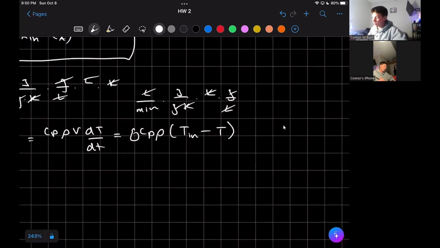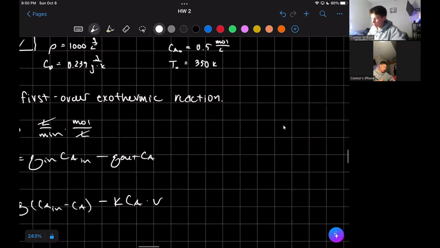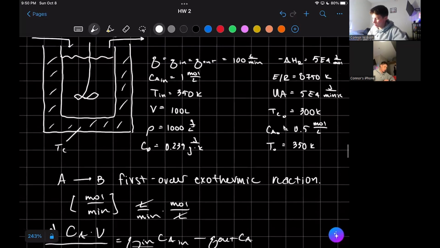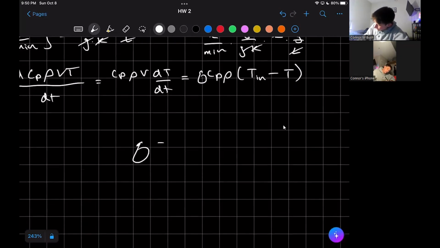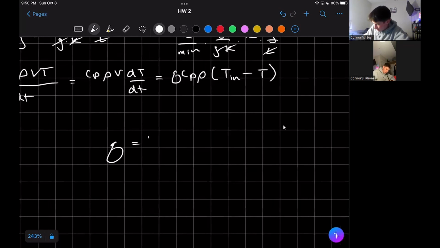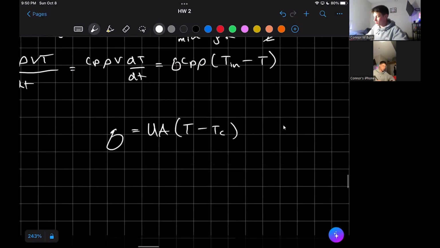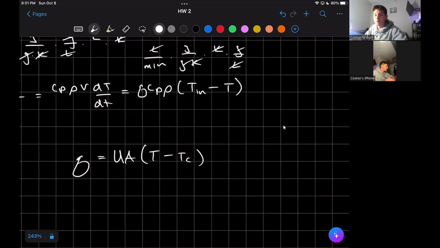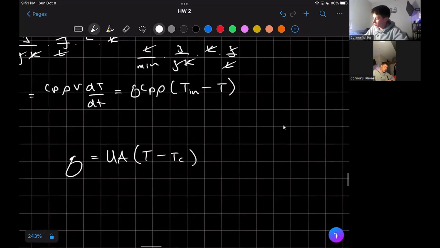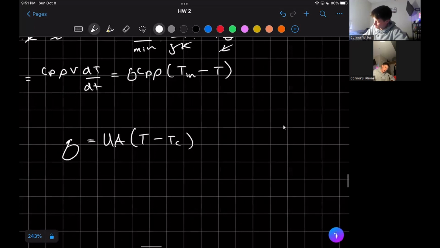Since we're looking at a jacketed reactor with some sort of coolant temperature, the rate of that can be expressed by this equation here, where the U is the heat transfer coefficient, A is the area of the reactor, T is the internal liquid temperature, and then the TC is the coolant temperature, and this is in joules per unit time.